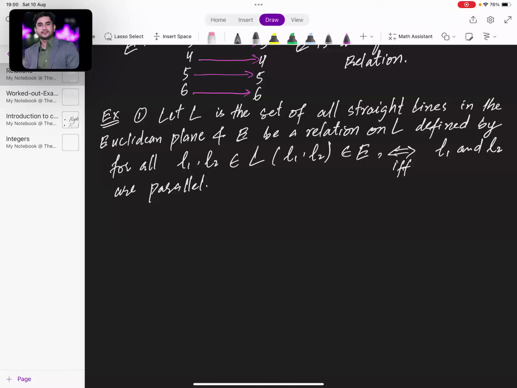Then E is an equivalence relation on L. If they are not parallel, they will not satisfy the conditions of symmetry and transitivity.